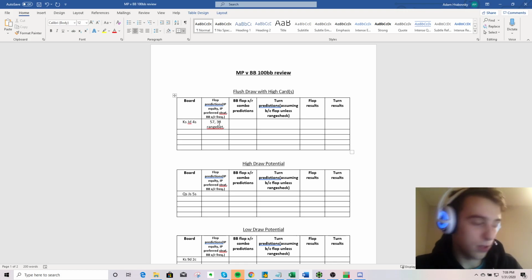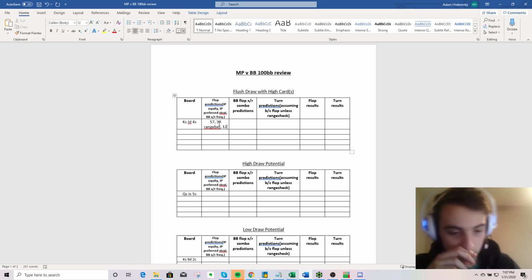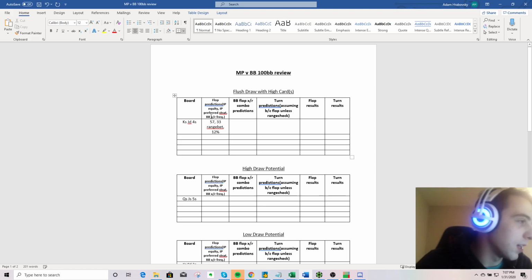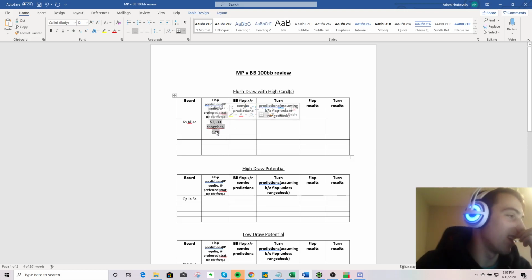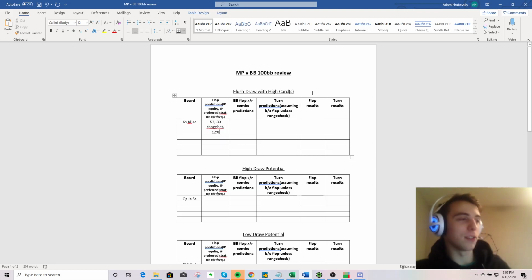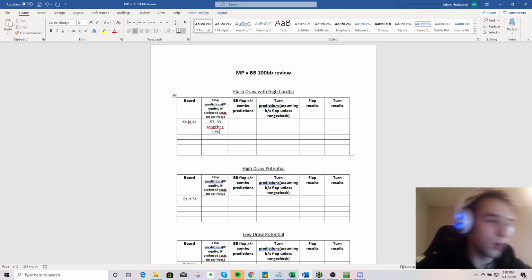We'll guess like 12%. And it's very possible I'll make a lot of mistakes with these initial predictions, because at this current point in time, I'm very novice in PLO. I haven't done any PLO work up to this point, so the whole reasoning for this is just to improve there over time.